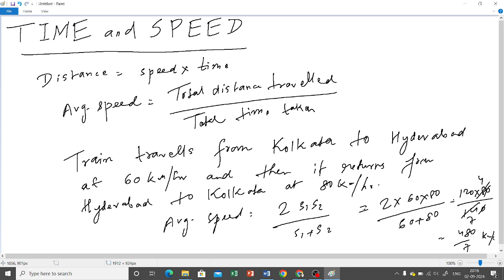So this is the shortcut. Remember, 2 s1 s2 by s1 plus s2. You see, this is the harmonic mean. This is the shortcut for finding out the average speed. Very important for math exams and other government exams, where the speeds will be given and you will be asked to find out the average speed.